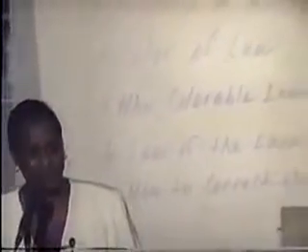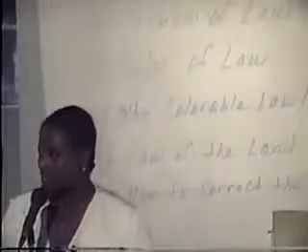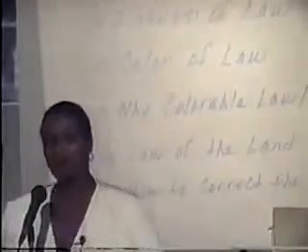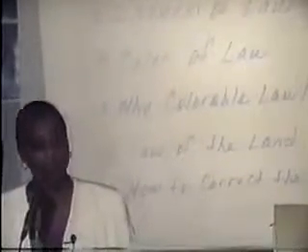Colorable, color, means something that pretends to be something that it's not. Colorable court, colorable money, colorable law, colorable people. Any people who call themselves colored, Negro, African American, Indian, Puerto Rican, Chinese, Australian, all of these are colorable labels, but these people for the most part around the world don't even know this.